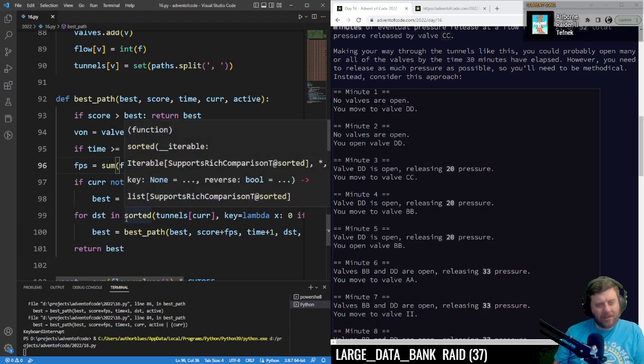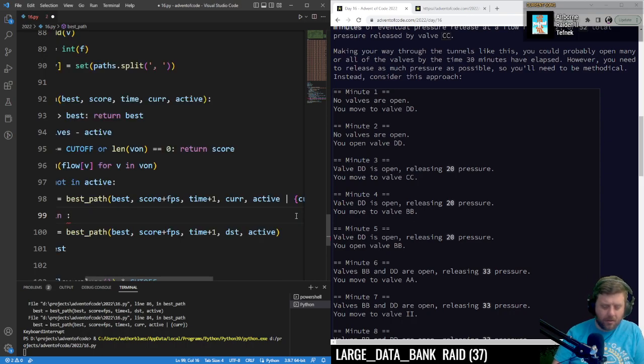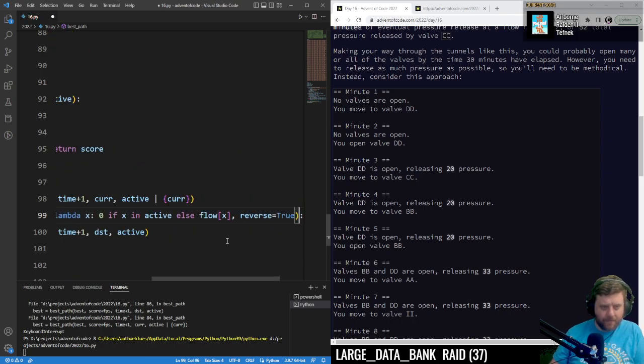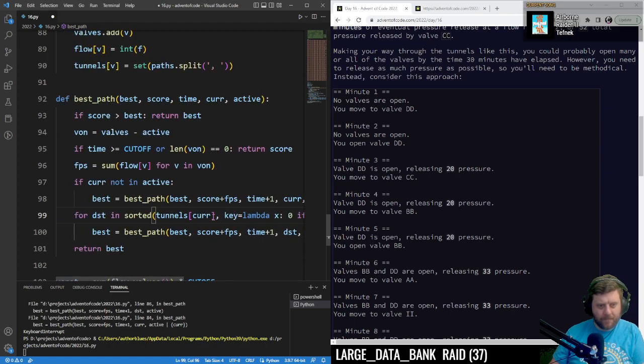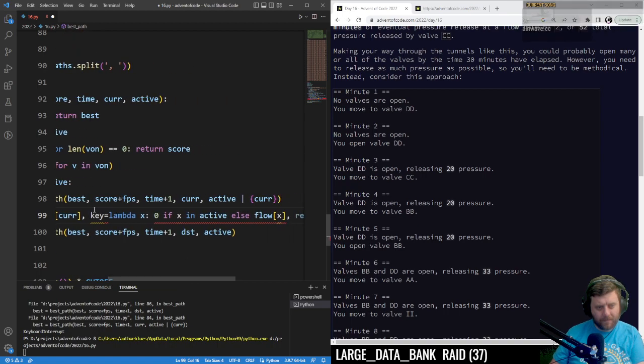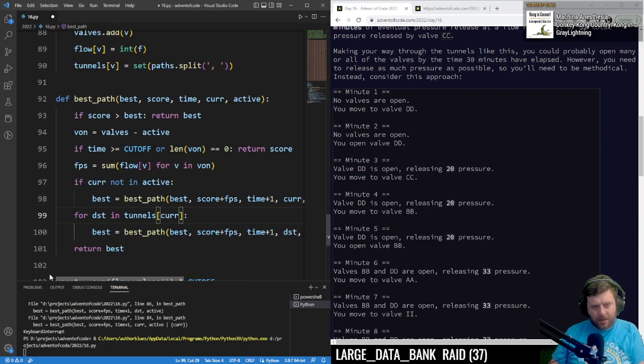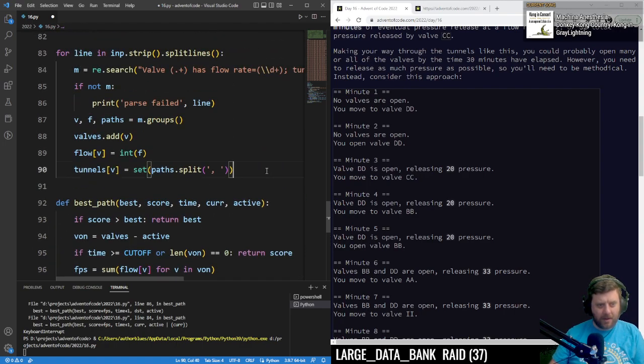I mean, I can pre-calculate this to a certain extent, and then I don't have to recalculate it every time.